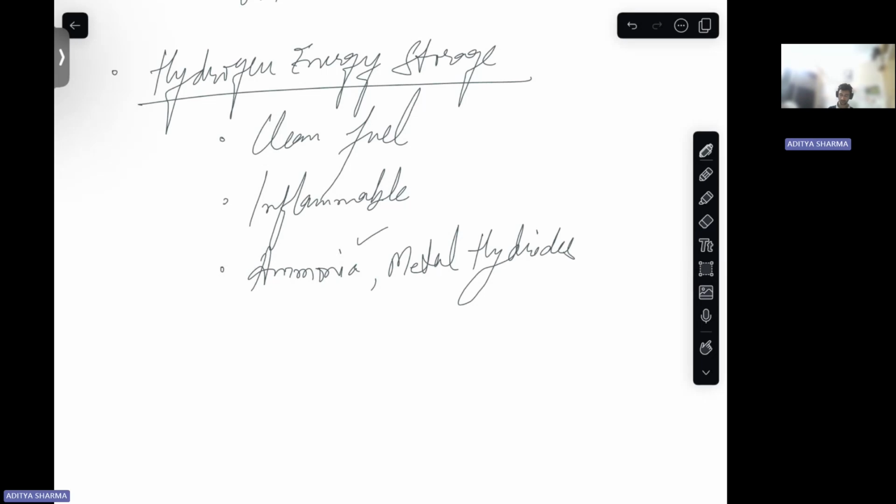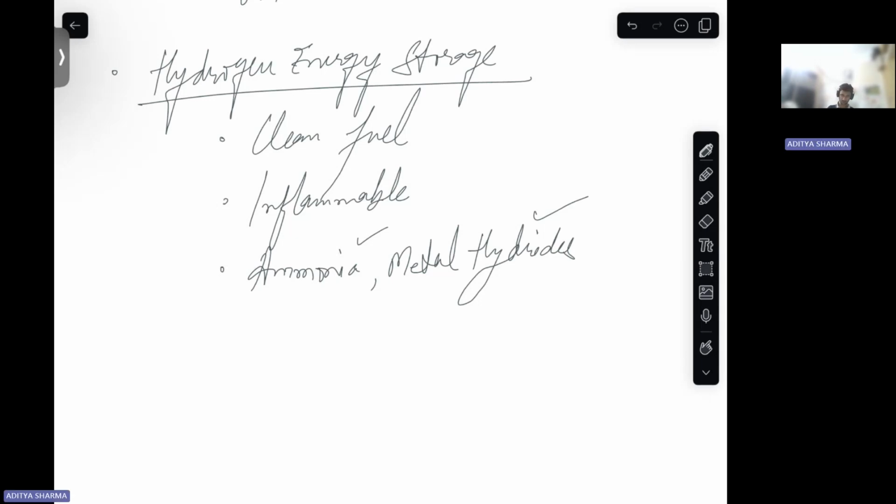And from there we get hydrogen whenever we require it. Okay. So this is your hydrogen energy storage. So briefly I have discussed this.